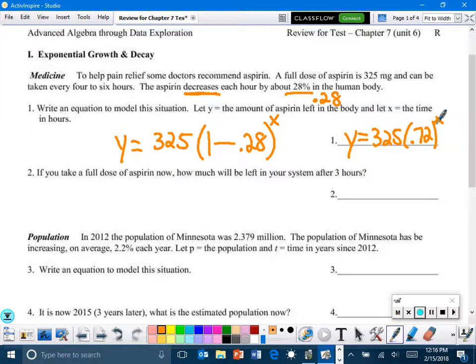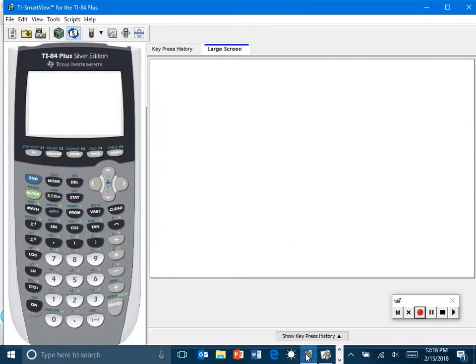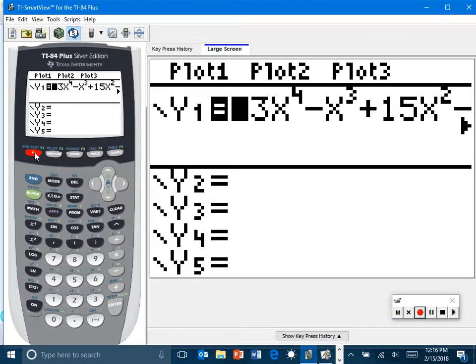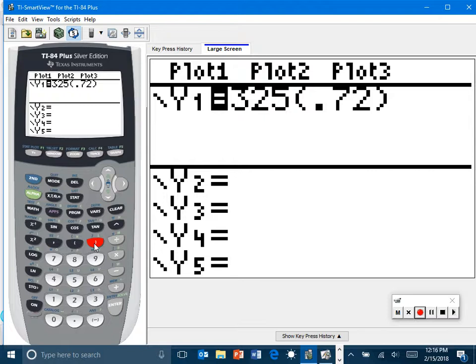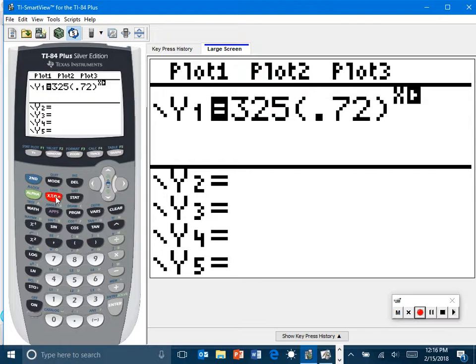Now, if you can take a full dose of aspirin now, how much will be left in your system after 3 hours? All right, so remember, we go to our y equals screen, we type that in, 325 times 0.72 raised to the x power.